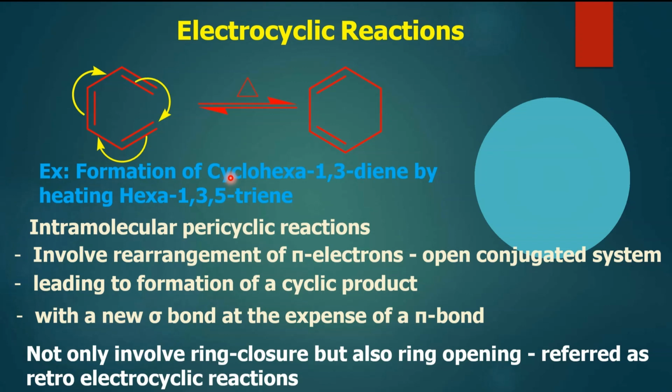The formed cyclohexadiene, when heated, gets converted back to hexa-1,3,5-triene. This is the reverse of an electrocyclic reaction, that's why it is called a retro-electrocyclic reaction.